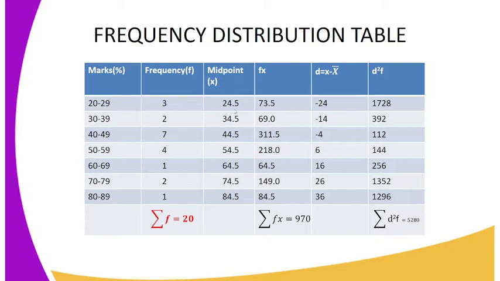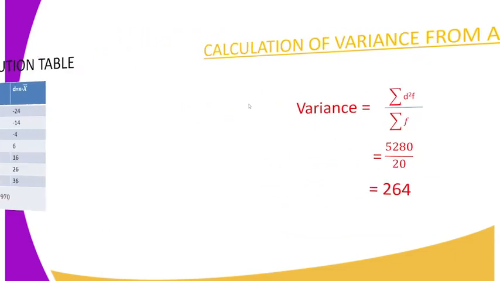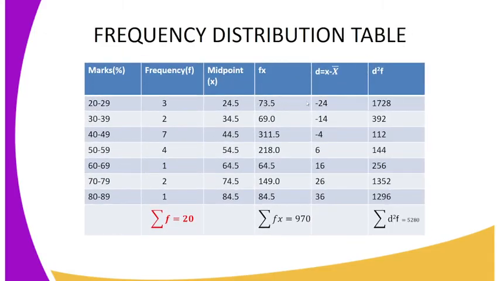After you subtract it from the midpoint, you will end up getting negative 24 for the first one. So 24.5 minus the actual mean, you will get negative 24. Then the other one you will get negative 14.